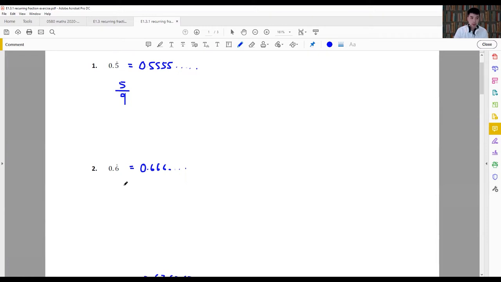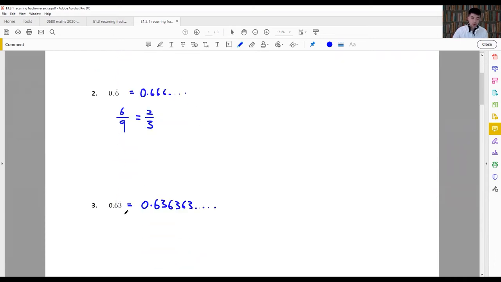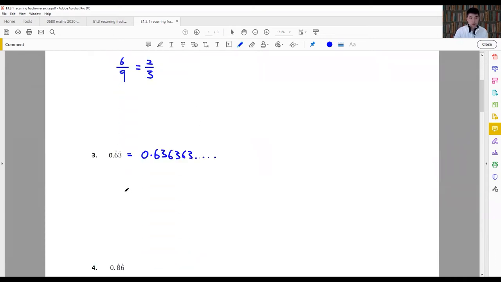Okay. Similarly here, 0.6 recurring, converting it into a fraction, is going to become 6/9. In this case, 6/9 can be simplified and it will turn into 2/3. Now let's look at the next one, where you have two recurring decimals. We're still going to divide by 9, but since there are two numbers here, it's going to be divided by 99.